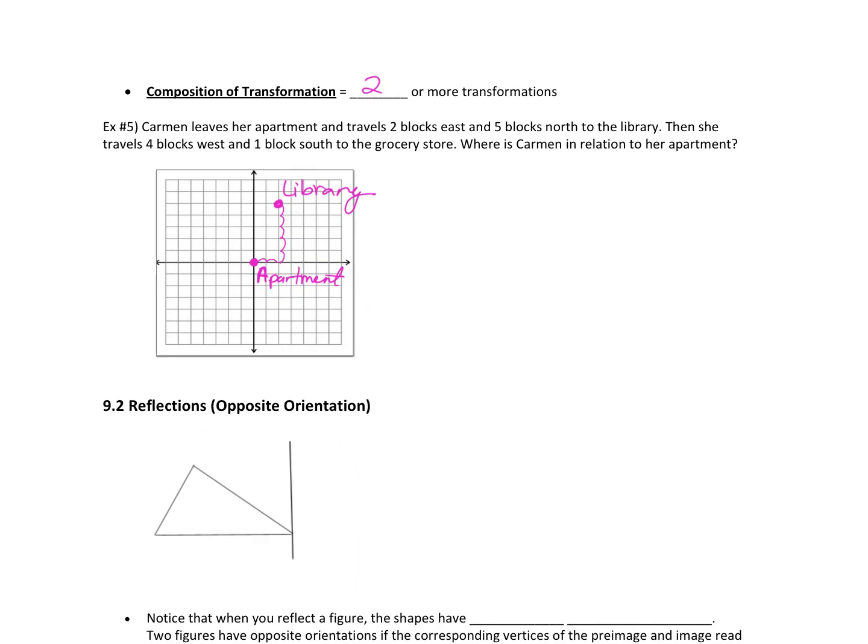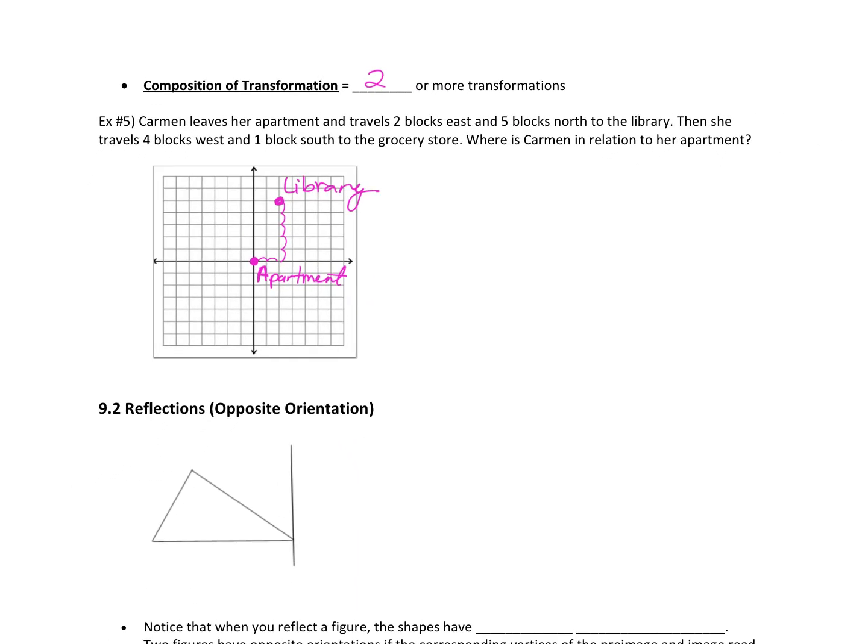Then she travels 4 blocks west and 1 block south to the grocery store. Where are we moving from? The library. She's at the library right now, and it says then she did whatever she did. So from the library, she's going to go 4 blocks west, 1, 2, 3, 4, and 1 block south to the grocery store.